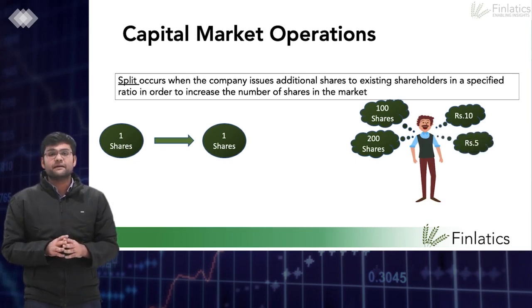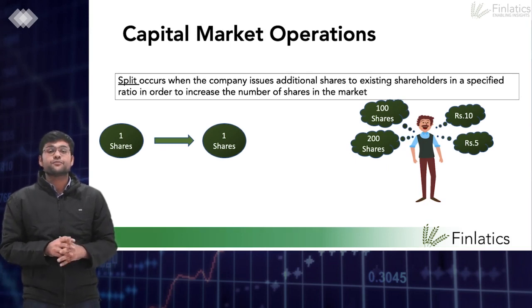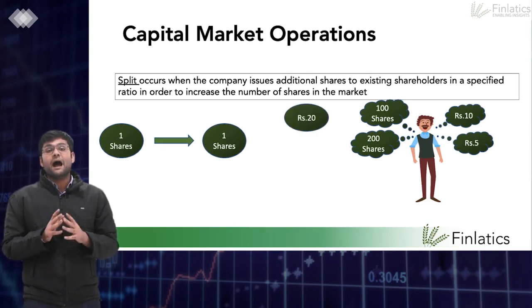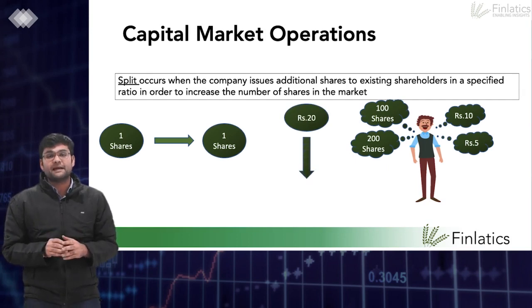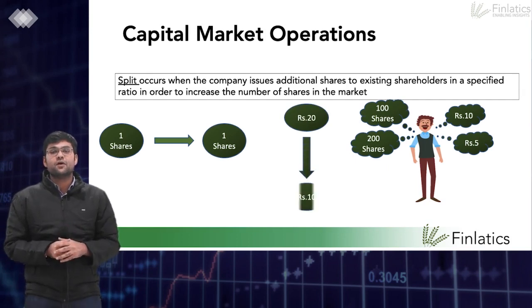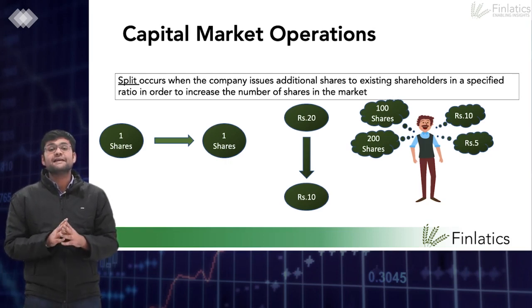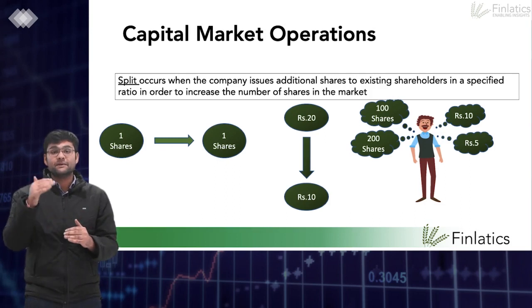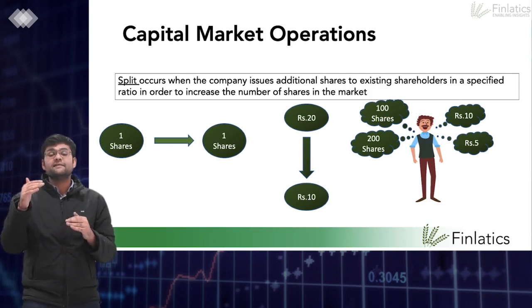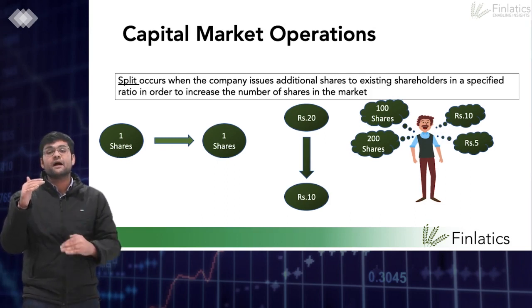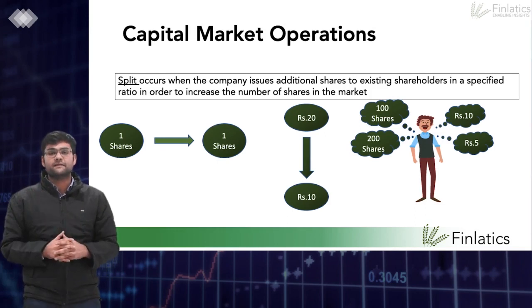Before the split, if the market price of your share was rupees 20, after the split, the market price of each of your share would be rupees 10. As we can see, the number of shares that you hold doubles while the price of each share becomes half in this particular case.